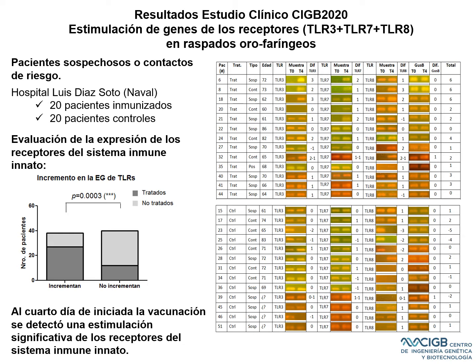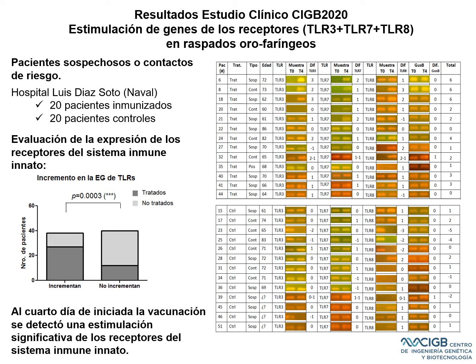As you see here in the next slide, by PCR, we were able to follow the toll-like receptors 3, 7, and 8 before, during, and at the end of the administration.